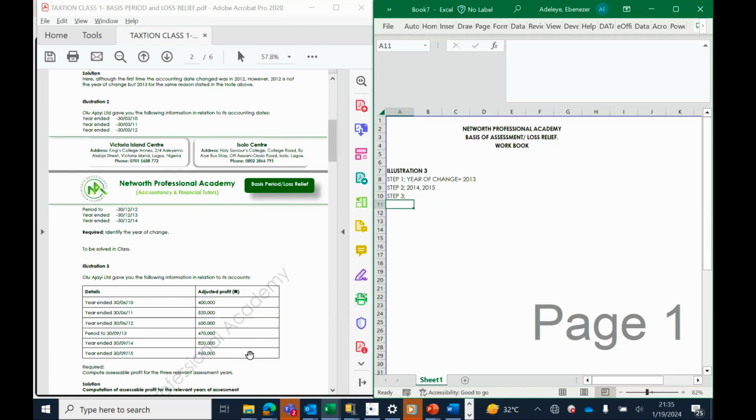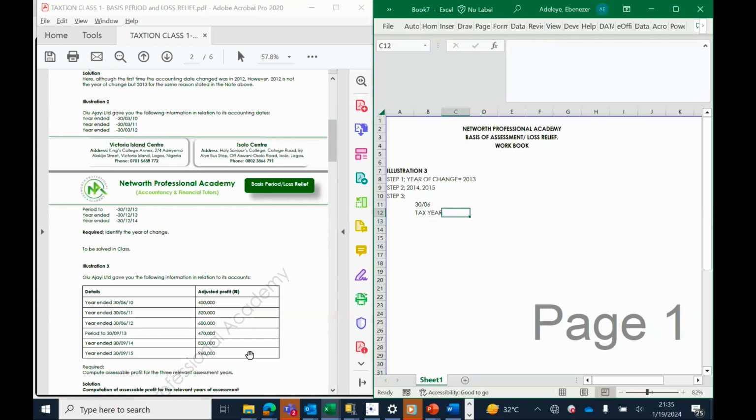Thank you. So the same way we computed assessable profit last week, we would have our tax year on the second column. That's how you're going to draw it in your exam too. So you can just have the dates that you're looking at here. So what was the old accounting date? 30th June, right? Each year. That is the old accounting date.